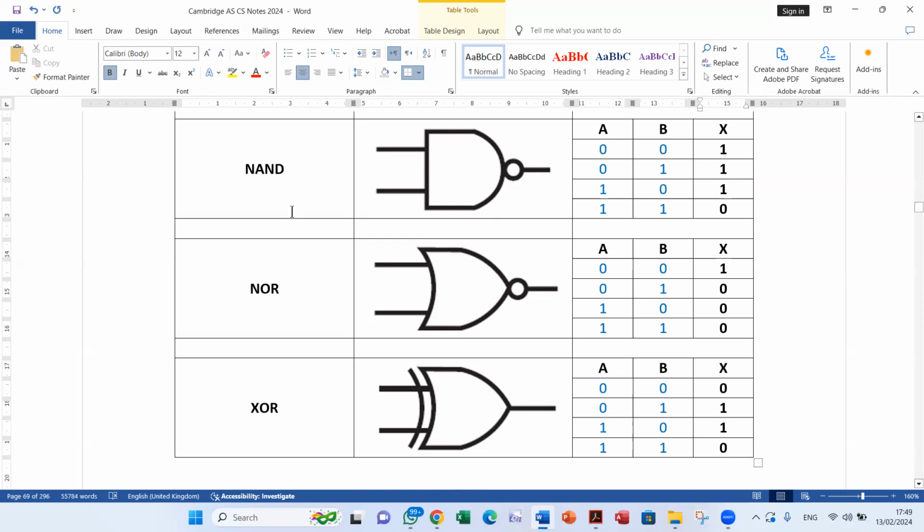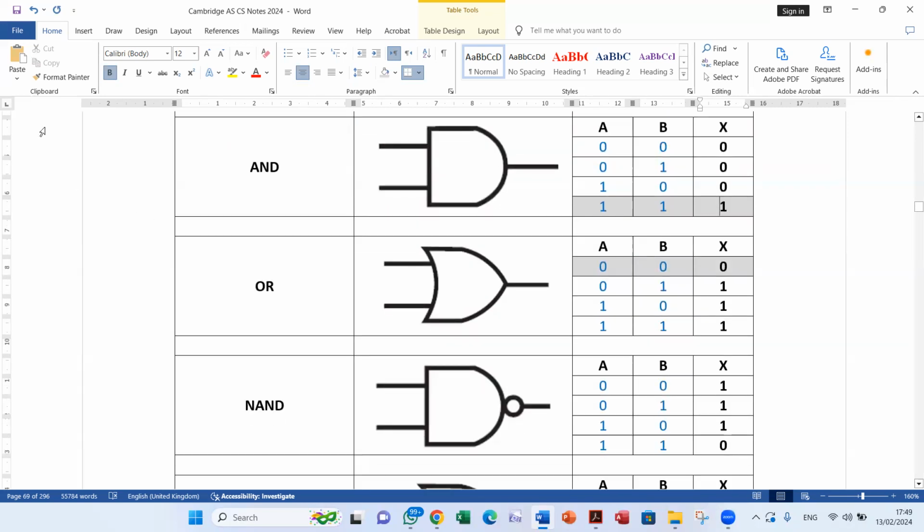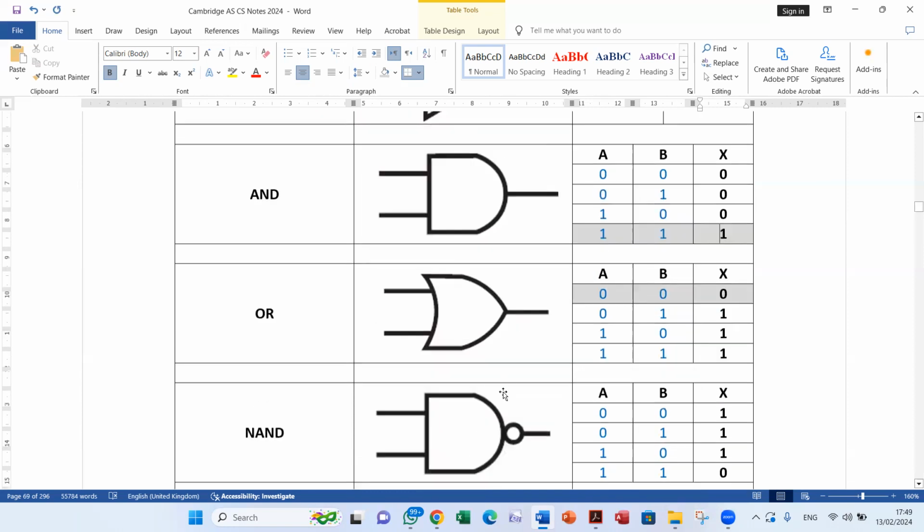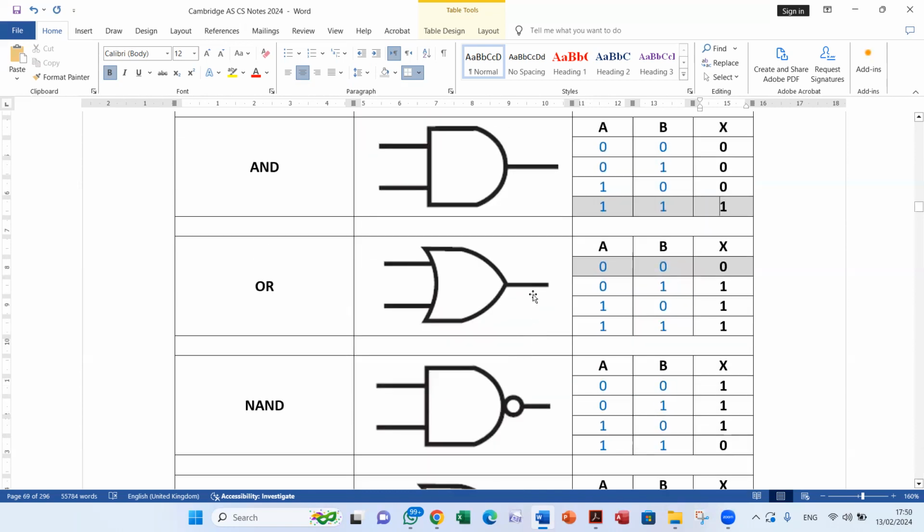We call it NOT AND because it looks like the AND gate with a circle after it, and that circle is the circle of the NOT. So it is NOT AND. So if the output of the AND is 0, 0, 0, 1, the output of the NAND is just the opposite, 1, 1, 1, 0.